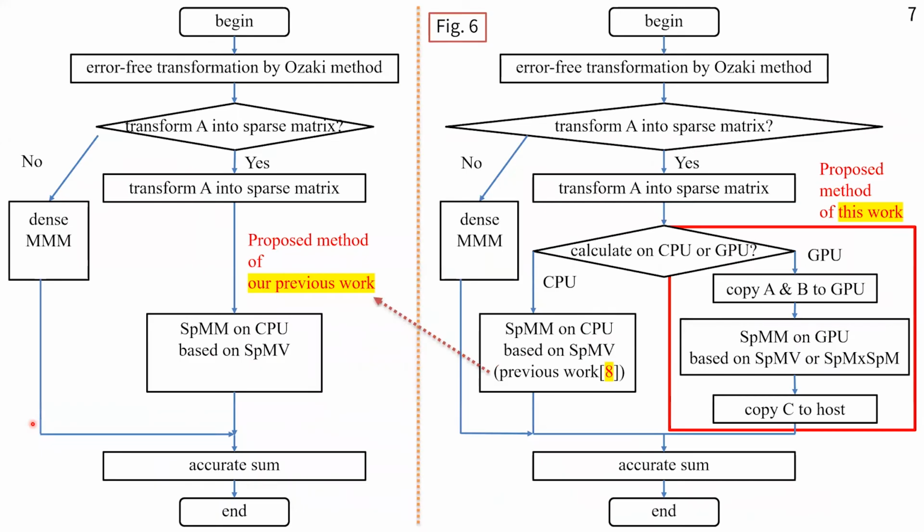This slide shows the previous method and proposed method. The right side is figure 6 in our paper, and this is our proposed method. But I apologize that the reference number 9 in figure 6 in our paper is incorrect. Number 8 is correct. Our new approach is using GPU.